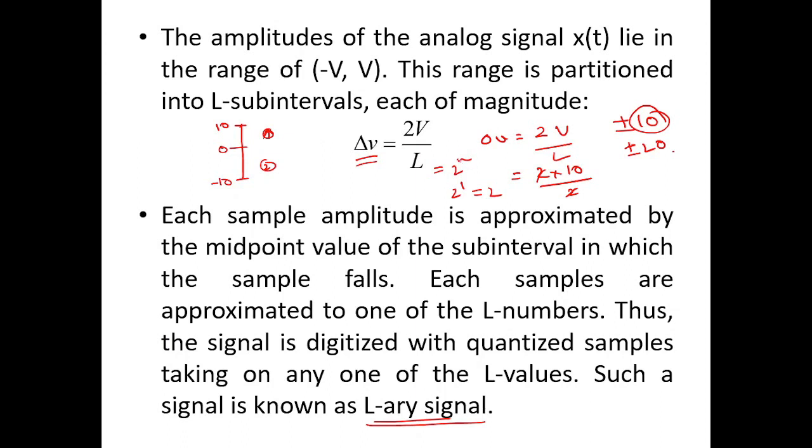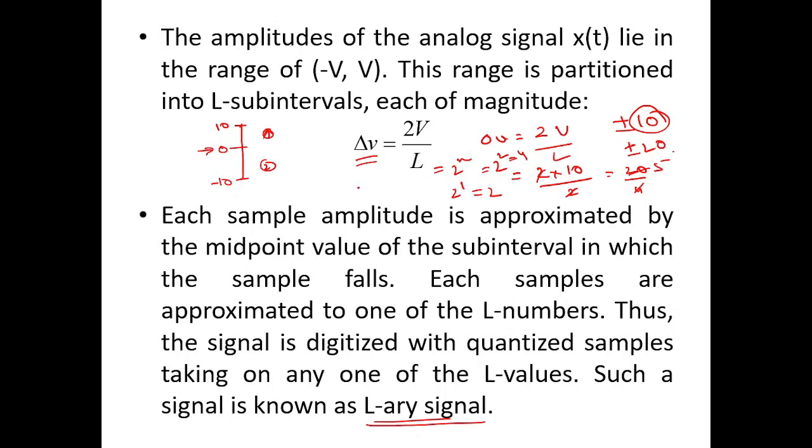If it is 2 to the power 2, so it will become 4, so it will become 20 by 4. You will be having 5 things. Now over there the 0 will not be a 0.